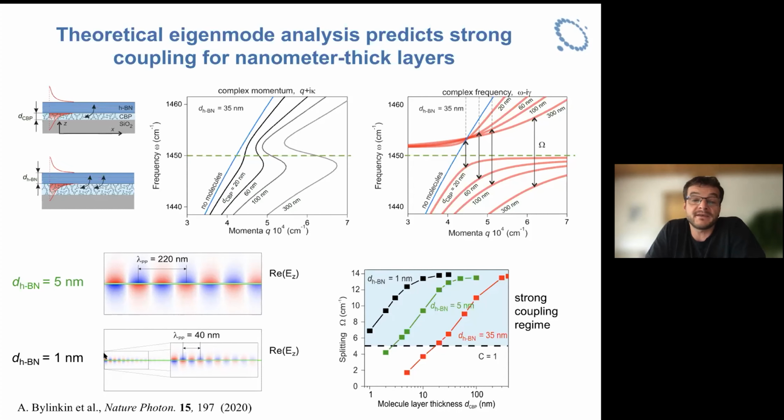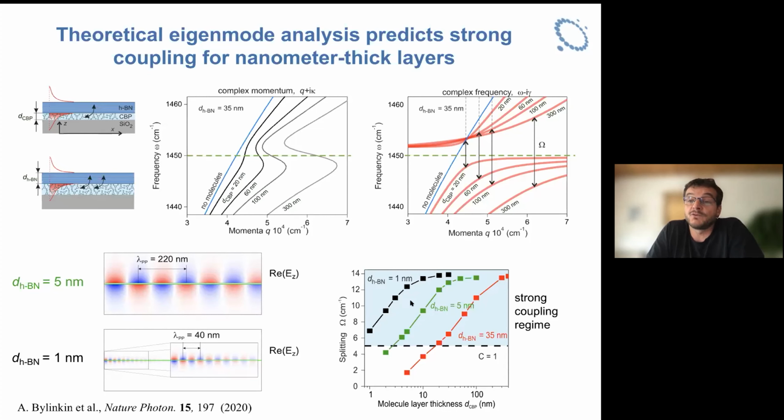We can shrink it to areas that cover only a few nanometers around the hBN layer. And in this case, if we reduce the thickness of the hBN to about 1 nanometer, we stay all the time in the strong coupling regime, even if the molecular layer thickness is reduced to about 1 nanometer.